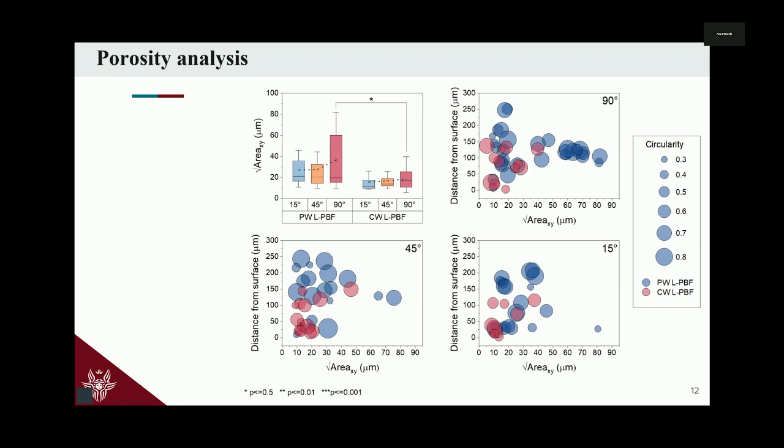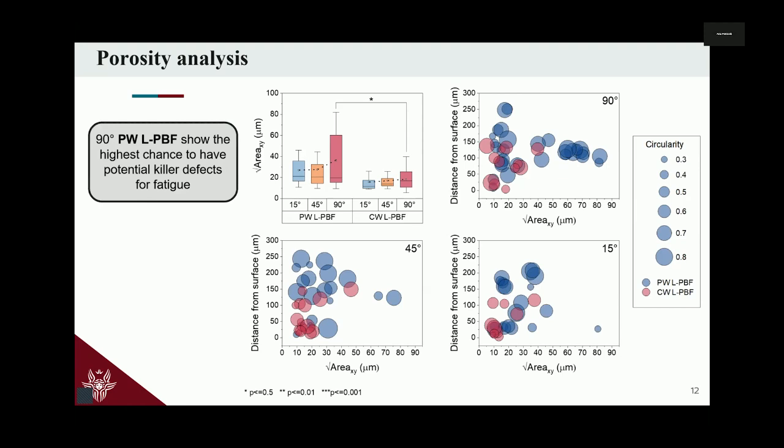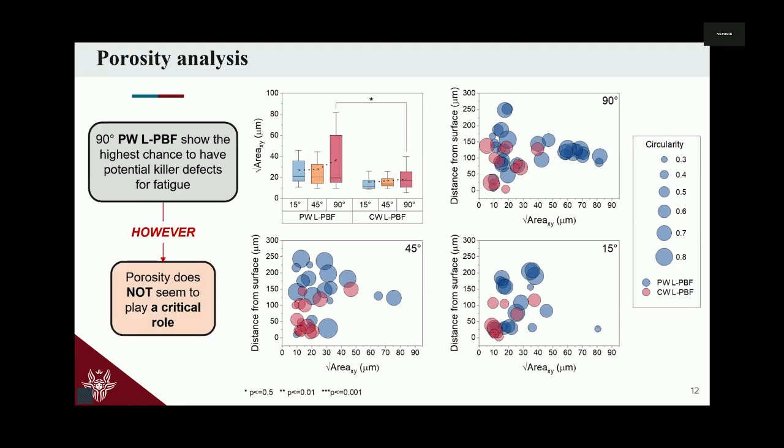So these results seem counterintuitive with respect to what we are actually obtaining, meaning that most probably porosity in this case is not taking part, or is not relevant at least, for the fatigue downgrading of continuous wave laser powder bed fusion components compared to pulsed wave.